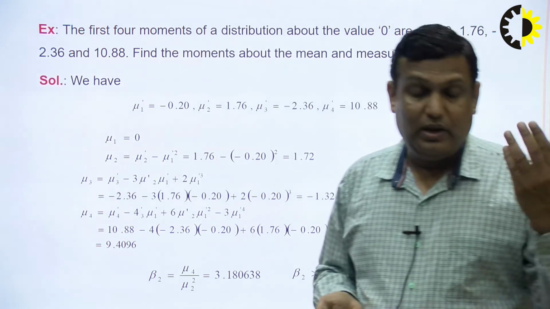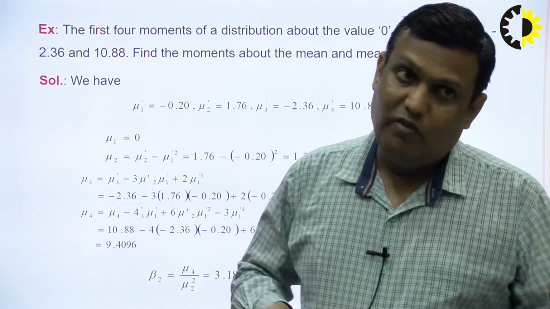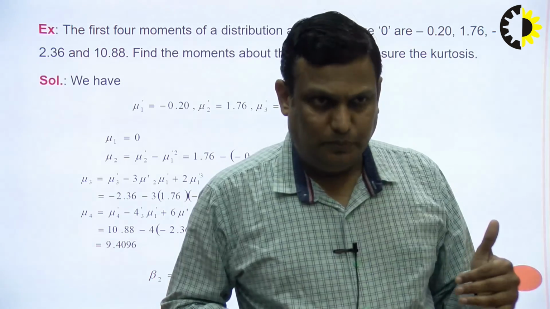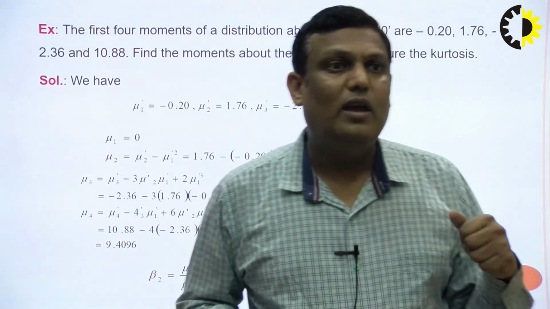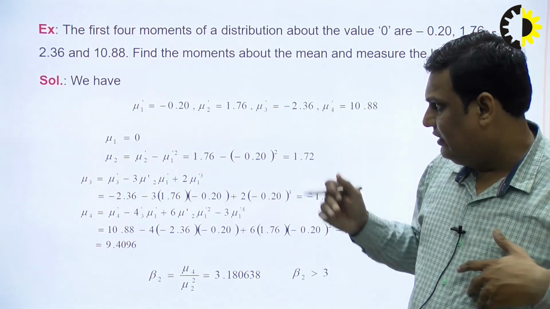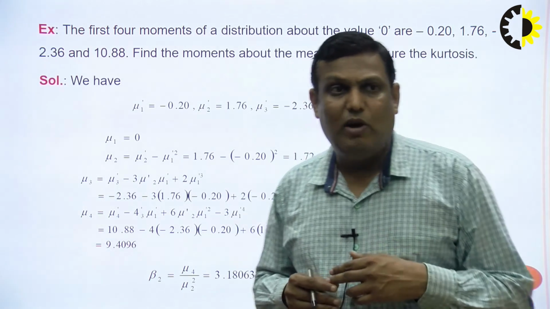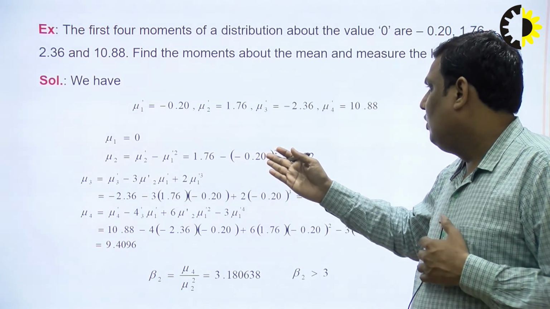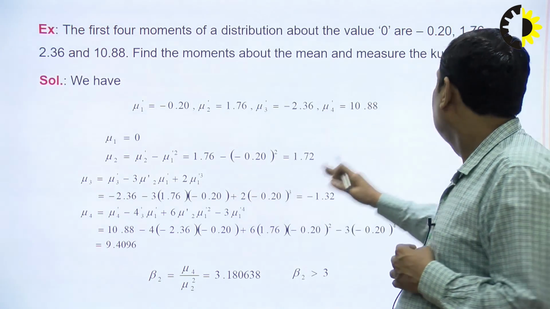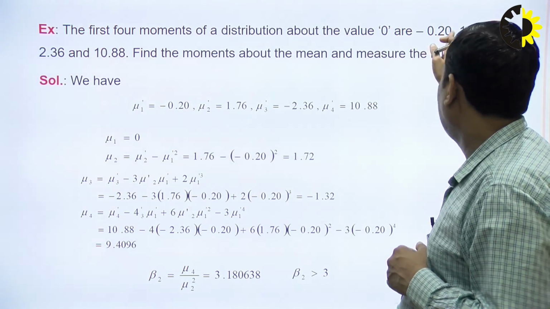From the relations we know that mu1, the first central moment, is always 0 by definition. And mu2, what is the relation? As I discussed previously, mu2 equals mu2 dash minus mu1 dash square. Mu2 dash is 1.76 and mu1 dash is minus 0.20.